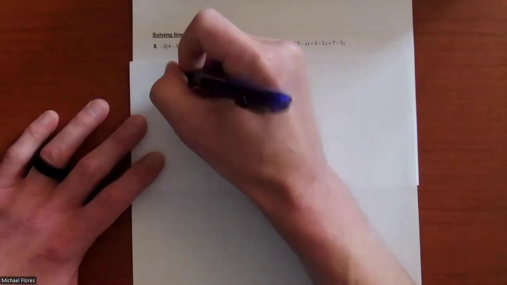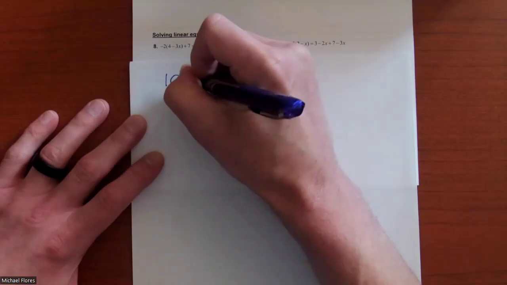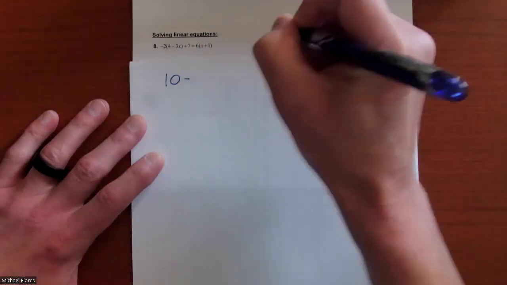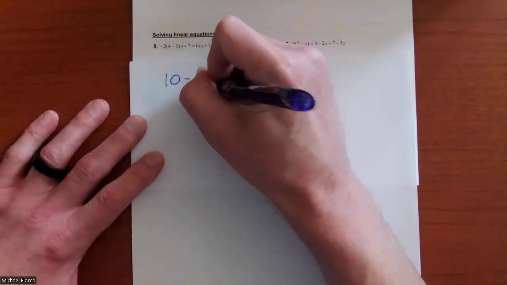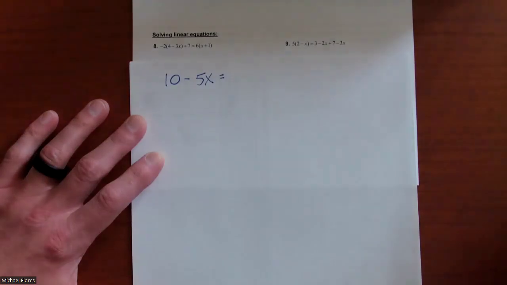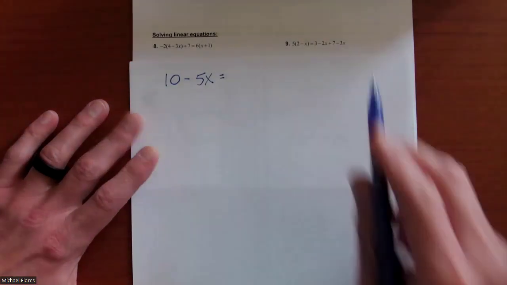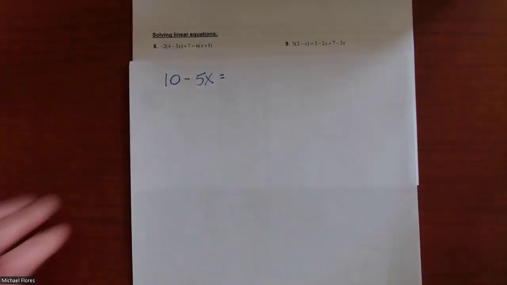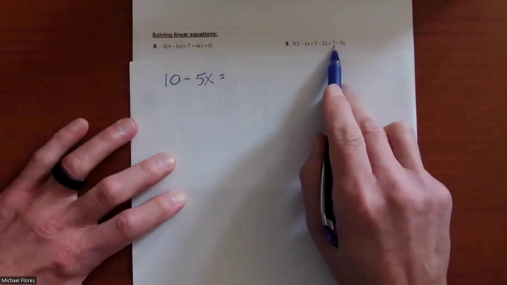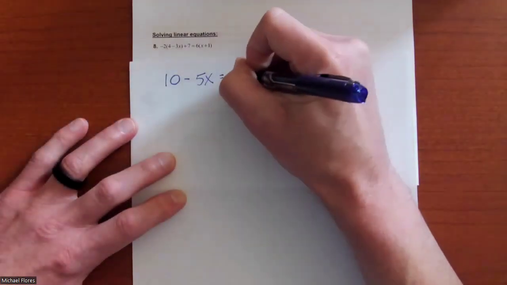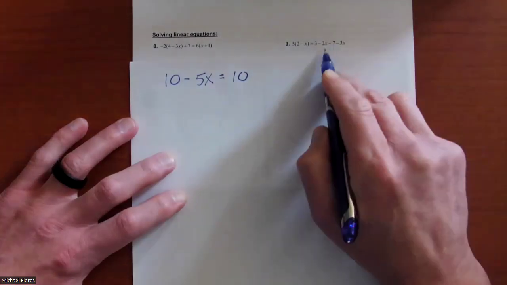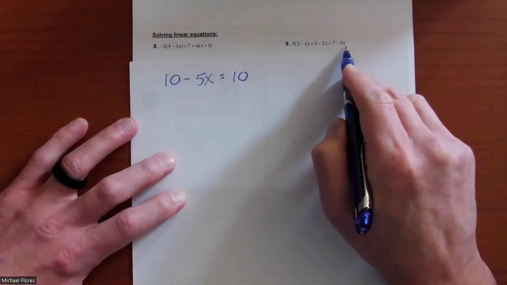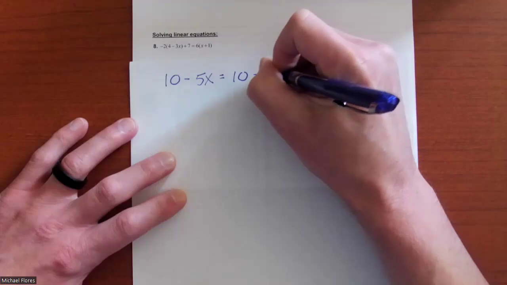Example 9, let's distribute the 5 throughout the parentheses. And then over here on the right side of the equal sign, I'm just going to start combining some like terms. I see a +3 and a +7. Combine those together, we get +10. -2x minus 3x is -5x.